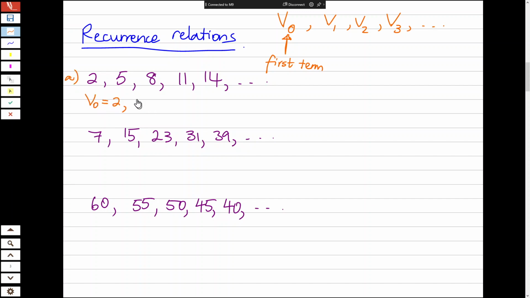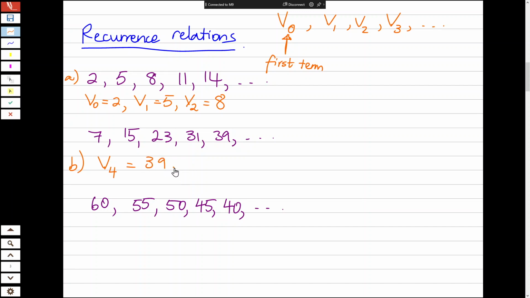V1, and V2. Okay. All right. What is V4 in this sequence? 39. Yeah. So remember, the first term is V0.